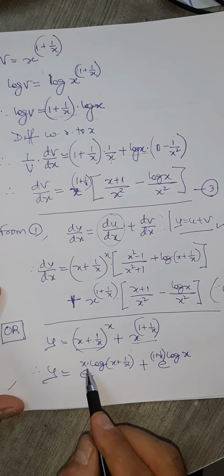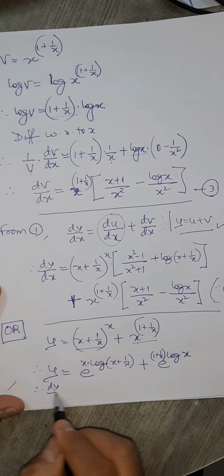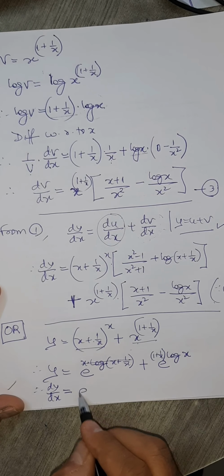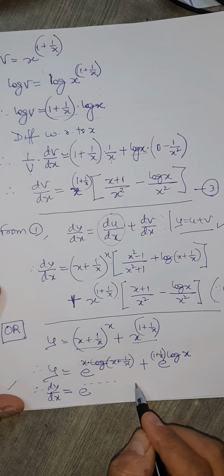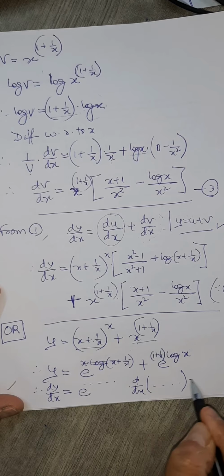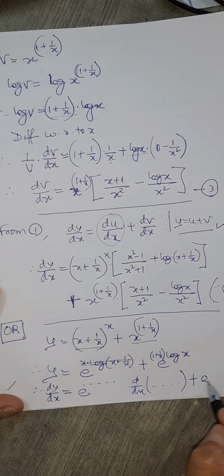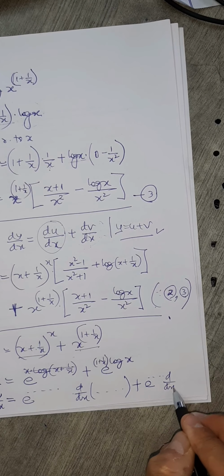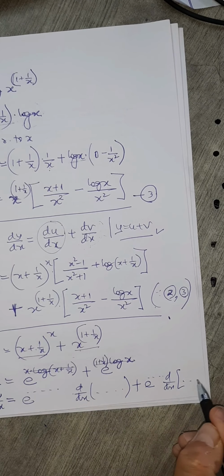And now differentiate. So dy by dx equals, imagine this as x. So derivative of e raised to x is e raised to x, d by dx of this x, plus here derivative of e raised to x is e raised to x into d by dx of that x, and then continue.